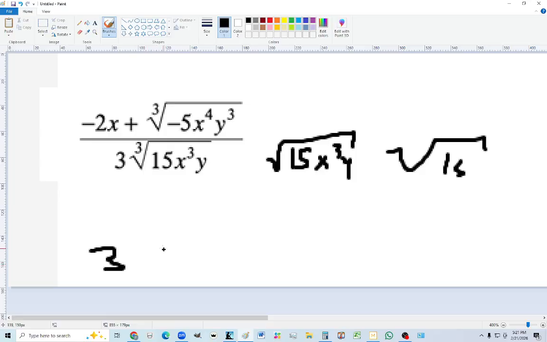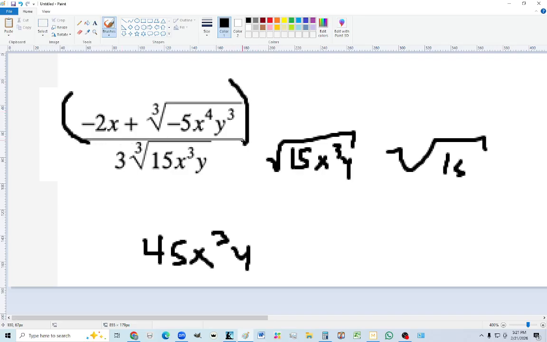So down below you'd have 3 times 15 x cubed times y. 3 times 15 is 45. Down below you get 45 x cubed y. Up top, you'd have to distribute 15 x to the 3 y squared. Yikes.